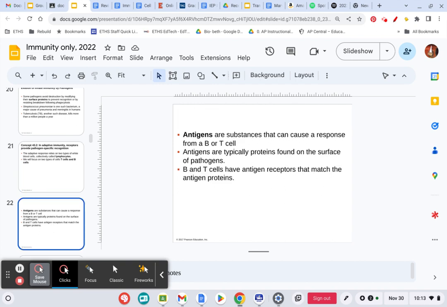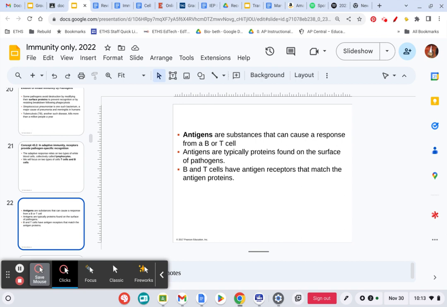So before we get too far, we need to talk about something called antigens. Antigens are substances that can cause a response from our adaptive immune system. So it'll cause a response from our B and our T cells. Usually, those are molecules that are found on the surface of the infection.